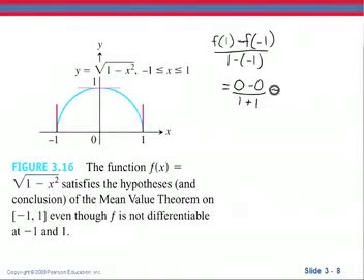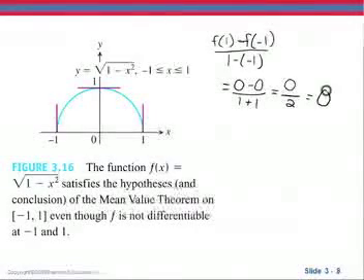This is 1 plus 1 on the bottom. Gives us 0 on the numerator, 2 in the denominator, which is 0. So what the mean value theorem says is somewhere between -1 and 1 there has to be a place where the slope is equal to 0, and it is equal to 0 at x equals 0.